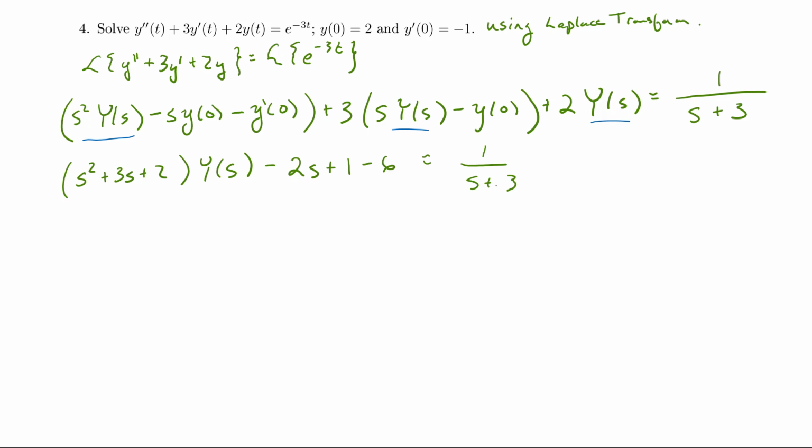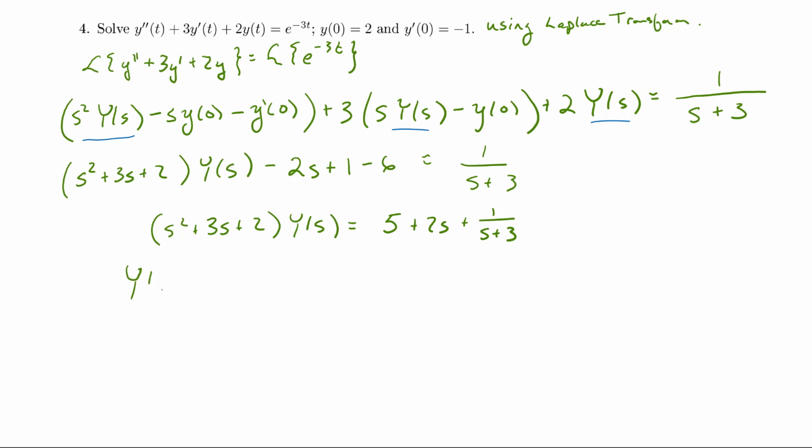So cleaning things up, we get s squared plus 3s plus 2 times y sub s. And we'll take all the other terms over to the other side. I'm going to go ahead and combine this 1 and negative 6, so we end up with 5 plus 2s plus 1 over s plus 3.